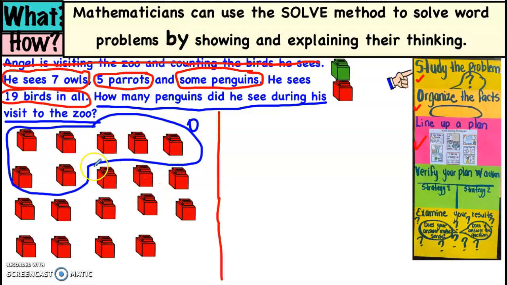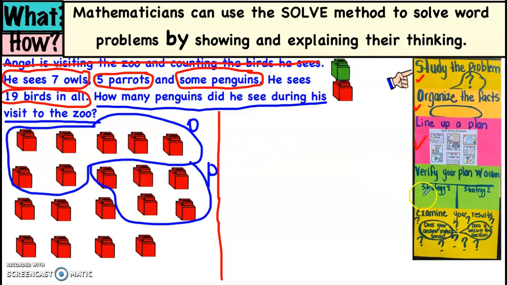I could just take another 5. And I'm going to put a P for the parrots. Then I see these counters outside. So then this has to be the number of penguins that he saw. So how many penguins? 7 penguins. So we have 7 owls plus 5 parrots and 7 penguins gives us 19 birds.